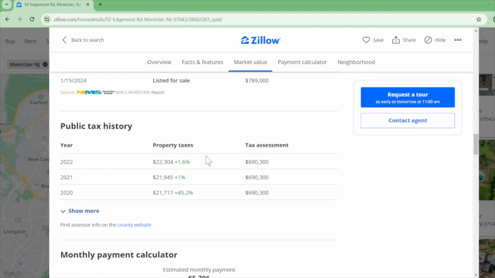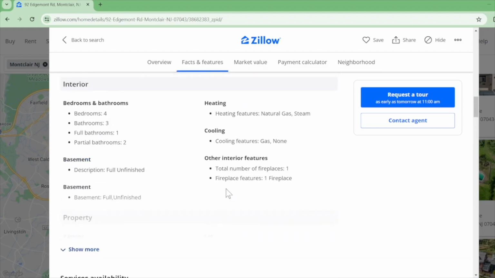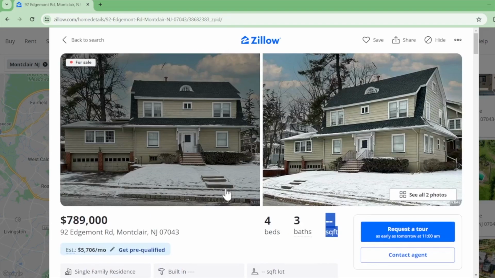So property taxes alone are going to add $2,000 to your loan payment. Your monthly payment is $5,700 on a house like this, because it's $700-something thousand, and the taxes are $22,000 a year.